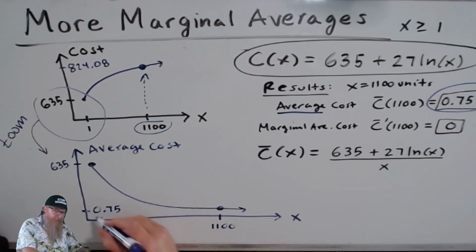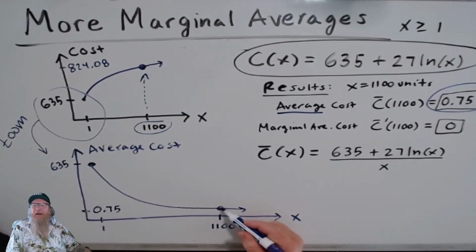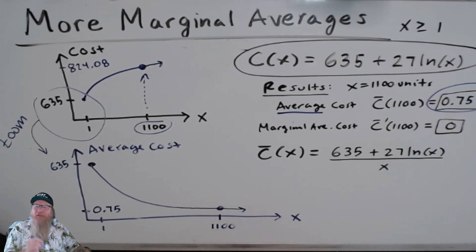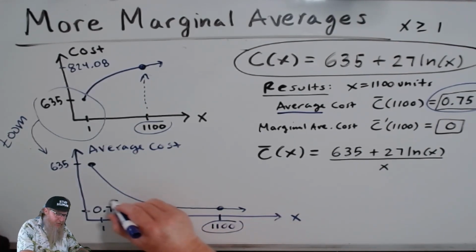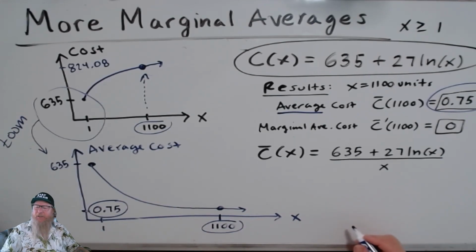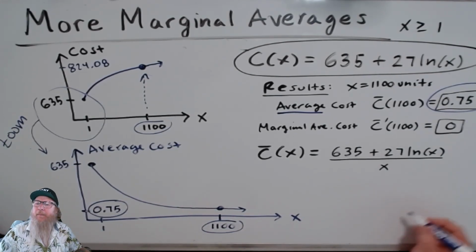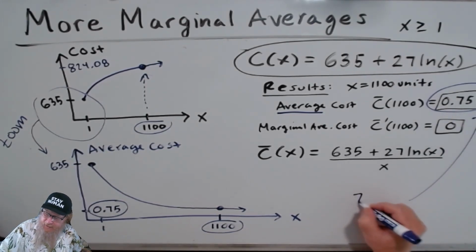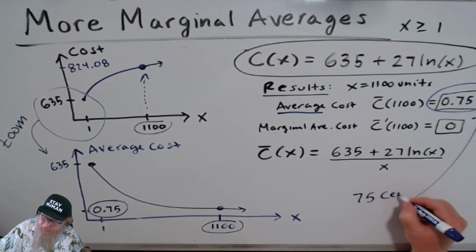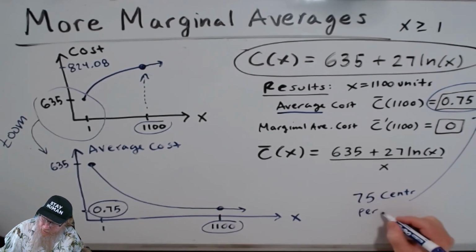That unit is not free. The average cost for 1,100 units is 75 cents per unit.